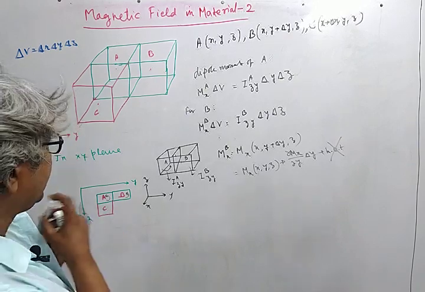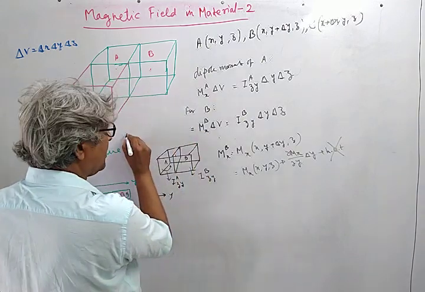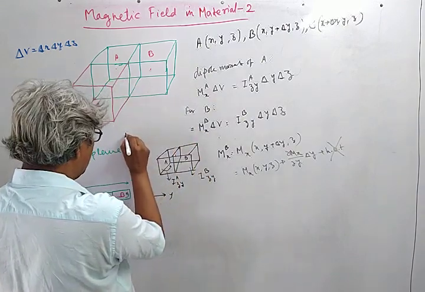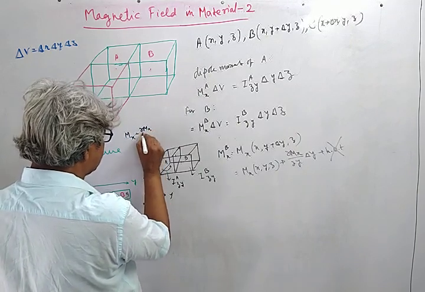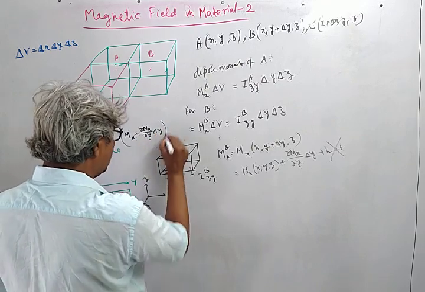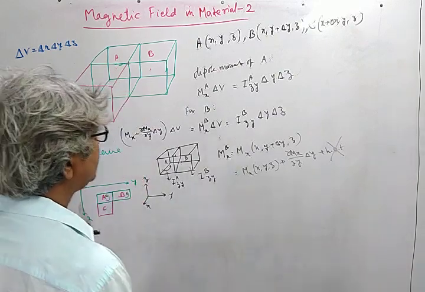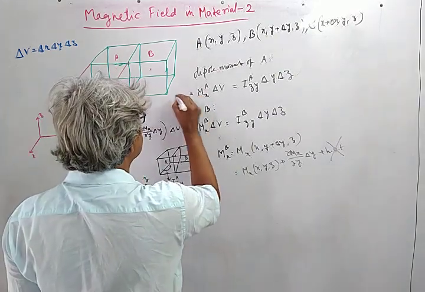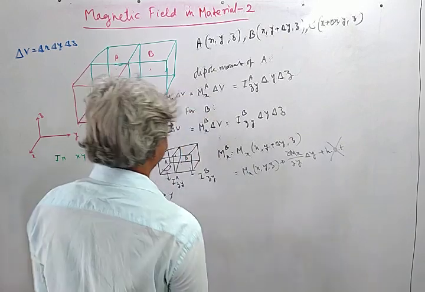So we write it as m_x plus (delta m_x / delta y) delta y, the whole thing multiplied by delta v. In the same notation, this is equal to m_x delta v.